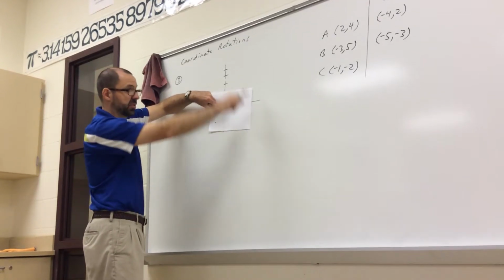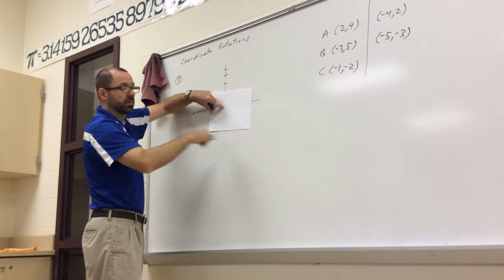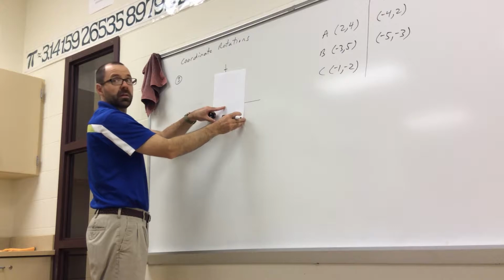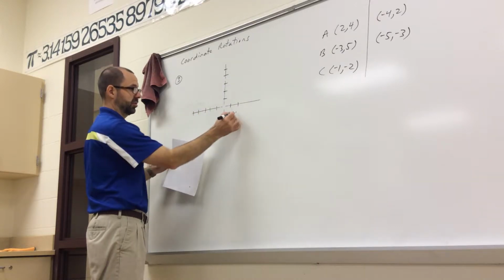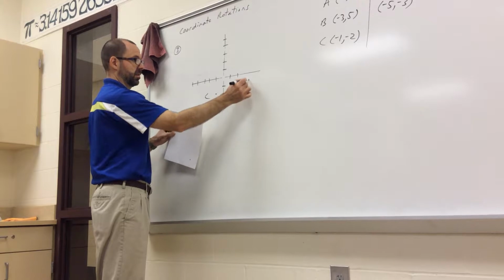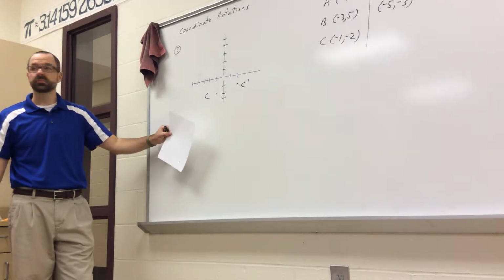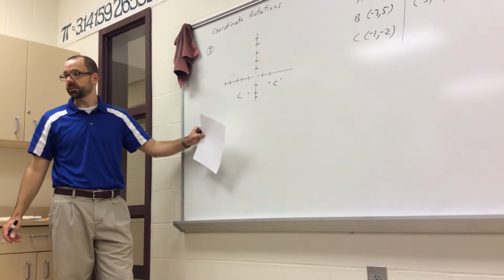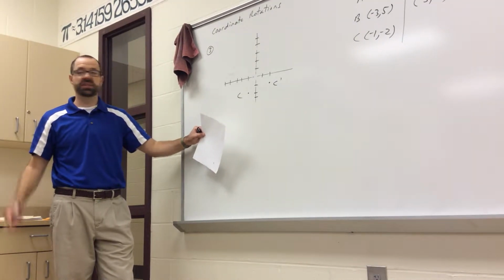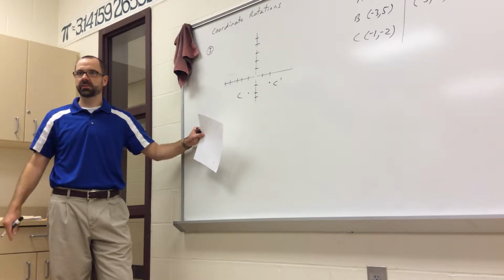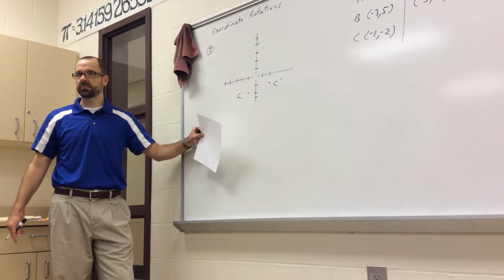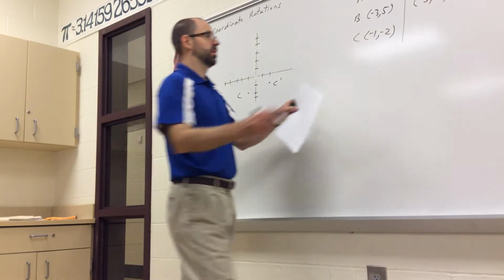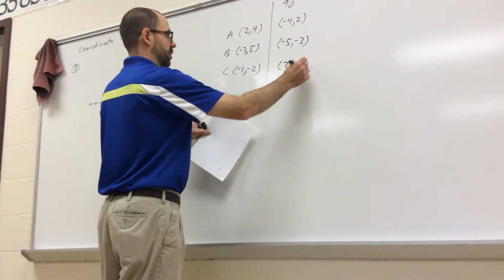Positive 90 is this way. So 1/4 turn this way. So it should end up there. What are you getting? 2, 1. It's down though, so 2, negative 1. You see that? Did that one work out better, Kieran? Cool. So 2, negative 1.